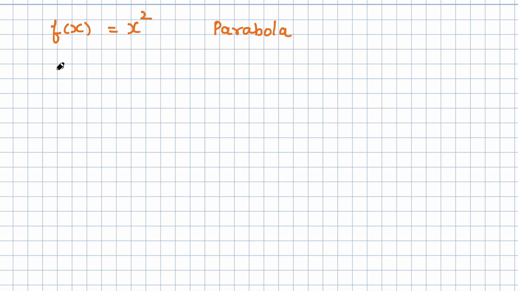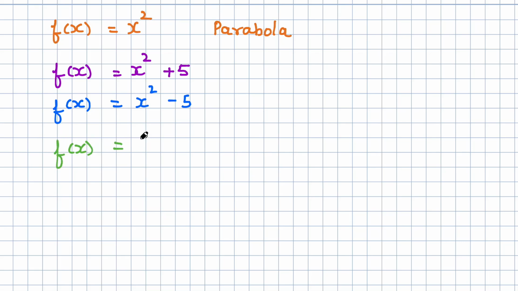Now I will make certain changes to the parent function. First, I will add 5 to it. In the second case, I am subtracting 5 from it. They will show different kinds of transformations. In the third case, in place of x, I will do x plus 5.